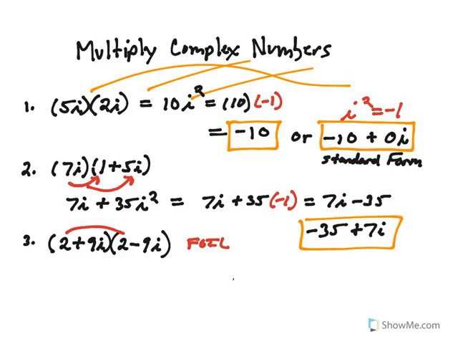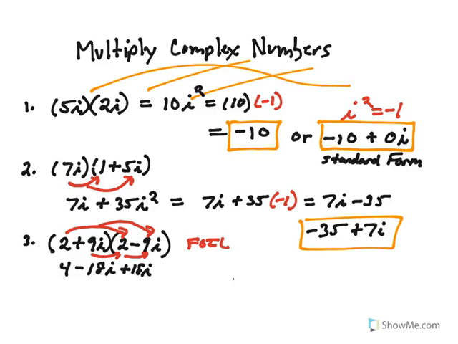So remember doing 2 times 2, which is 4. And then 2 times negative 9i, which is negative 18i. The inside here is positive 18i.